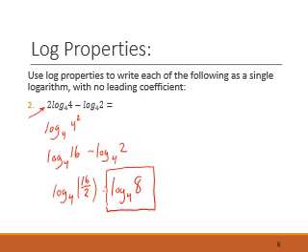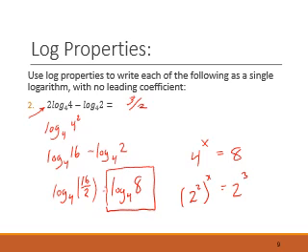But what about confirming that that is the correct answer? Well, remember we said that this question should come out equaling 3/2, right? How do you evaluate log base 4 of 8? Well, this is asking you, 4 to what power is 8? And remember back in the prior unit, we showed you how to answer questions like this by getting a common base. 4 is 2 squared, and 8 is 2 to the third power.